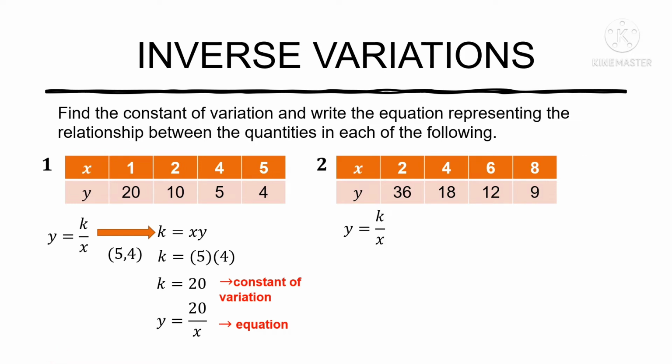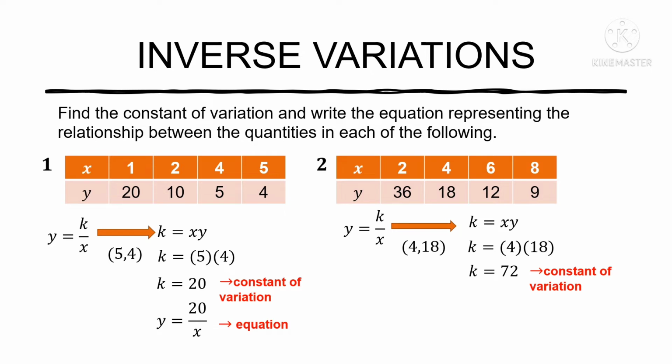Okay? So at the same process, we will use y equals k over x or k equals xy. Pipili tayo ng pares na number doon sa table. Sabihin natin 4 at saka 18. Substitute lang natin. 4 times 18 ay 72. So 72, yun yung constant of variation natin.